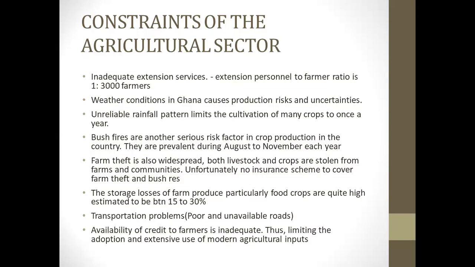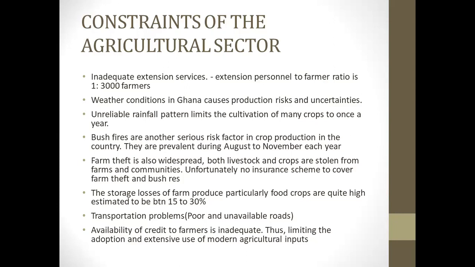The next one we look at is inadequate extension services. The extension service personnel to farmer ratio is 1:30,000 farmers. Very bad. What extension service personnel do is teach the farmers or carry important information to the farmers on new means to make productivity more efficient, and educate them on certain things about their farming activities, mainly to help them gain access to the trends and farming information that are important to increase productivity.